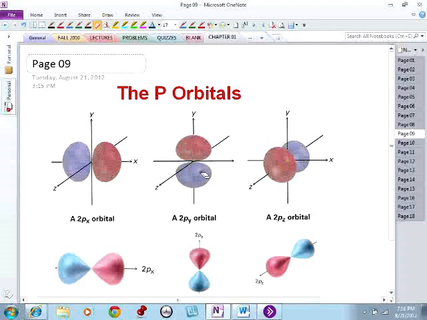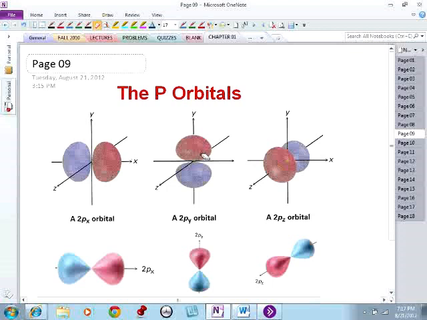Now, each one of these orbitals will take a maximum of 2 electrons. You will find a maximum of 2 electrons in each one of these orbitals, whether it is the s orbital or the p orbital. Okay? So in the s orbital, the maximum number of electrons that you could find is what? How many? S orbital. 2.